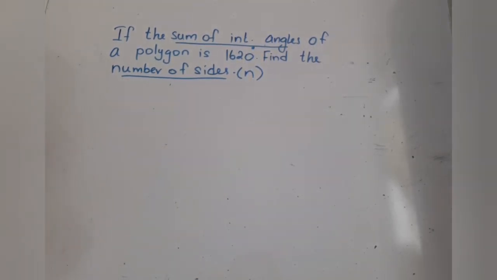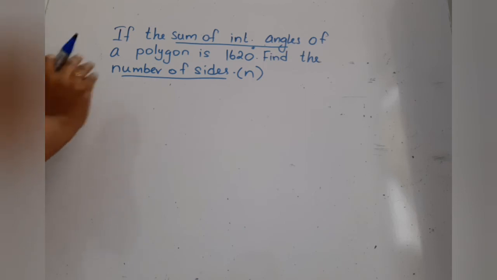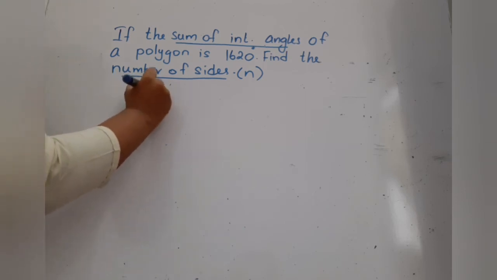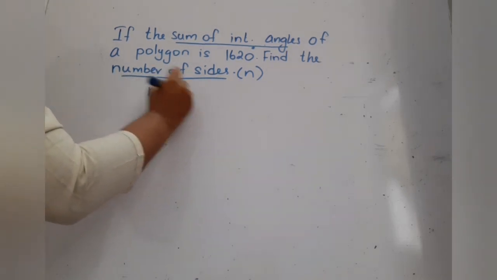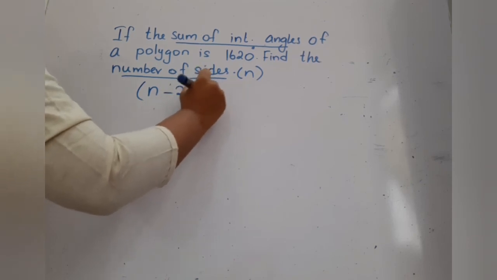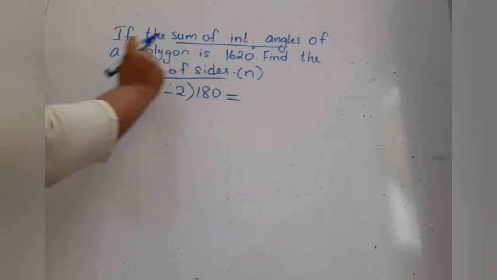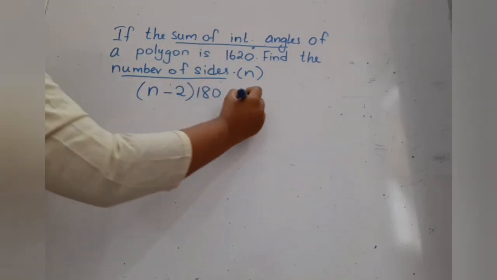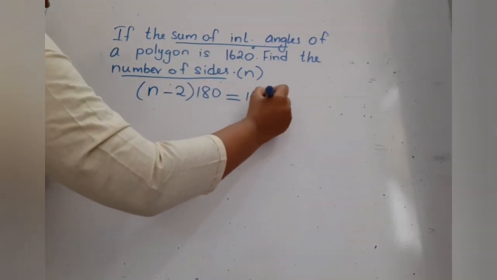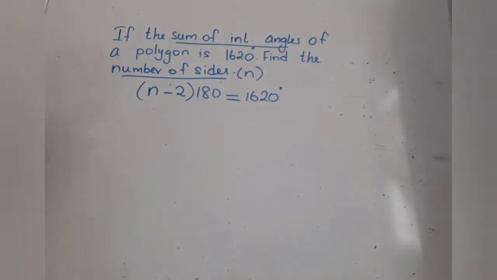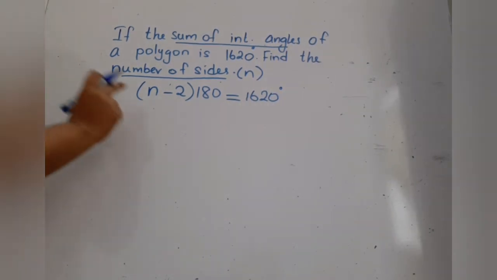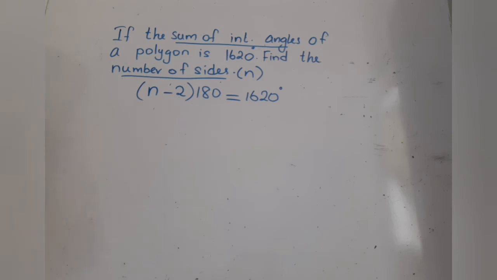So, let's write the formula first to find the sum of interior angles, which is (n minus 2) into 180 degrees. Am I right? So this is equal to 1620. Why? The sum has been given. Okay. So now what do we need to do? We have to make n the subject of the equation.